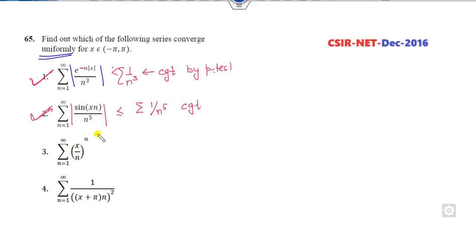Here you can't take it as less than, but you can see x is less than this. So I can write this number. If I start with the modulus, this is the same number. So this is less than pi raised to power n over n raised to power n. If I consider this as my a n, what is the limit of this? Limit of a n to the power 1 by n by the root test is 1 over 1, which is 1.